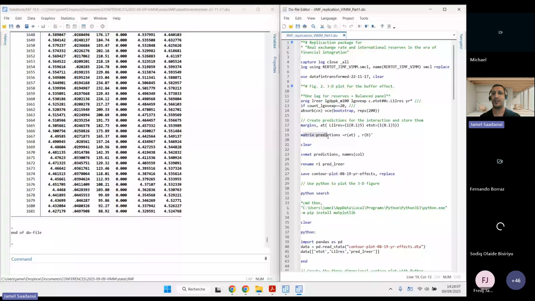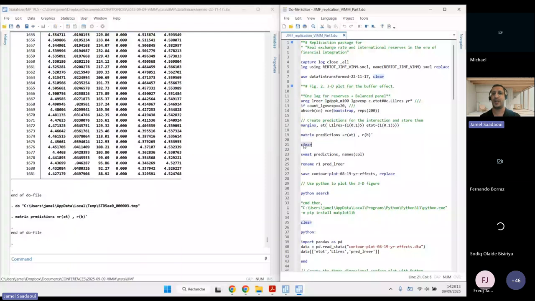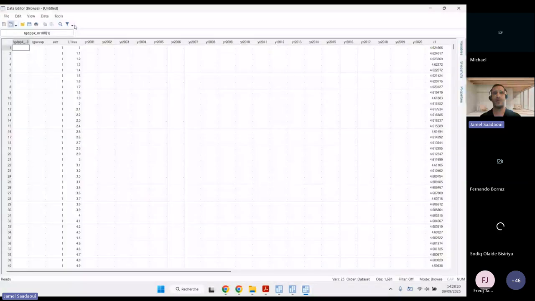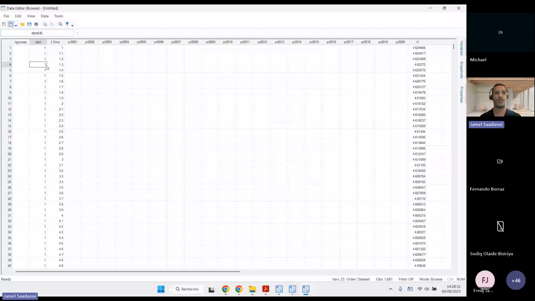I clear the data here, and I use svmat to have the prediction. If you open the data, you will have the predicted value for the exchange rate at different levels of terms of trade shocks and levels of exchange rate reserves.